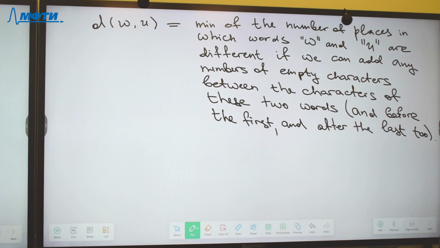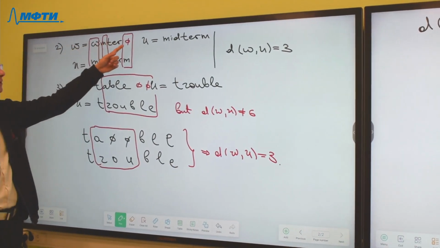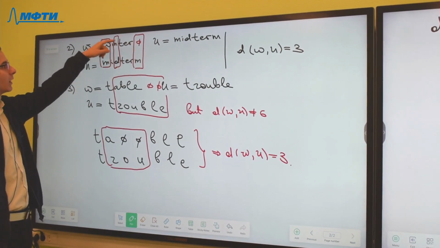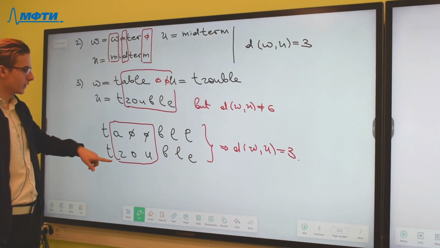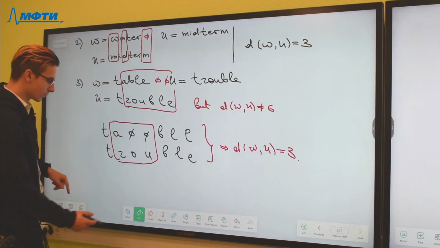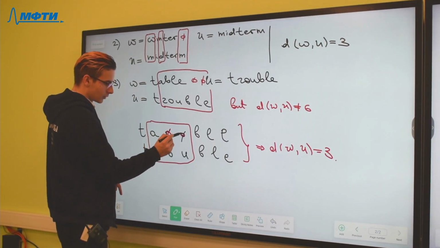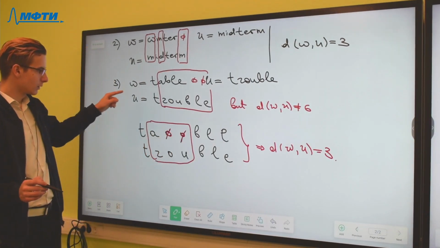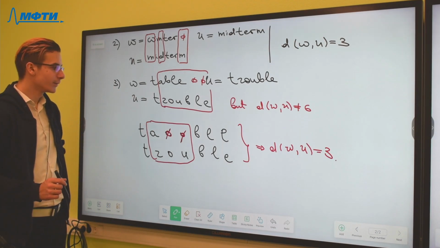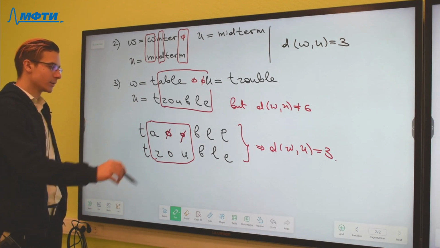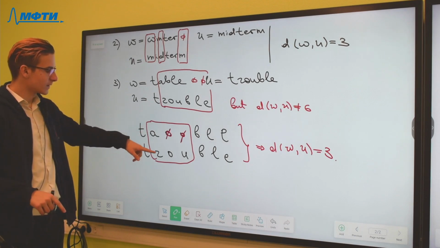Yeah, for example, we see that in this example we add one empty character in the first word after the last character, but here we add two empty characters into the word. So we can add it in each place to minimize the places where they're different.